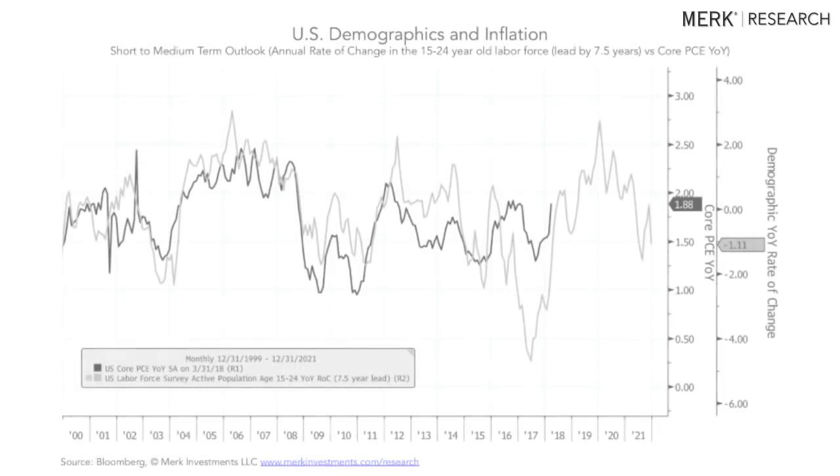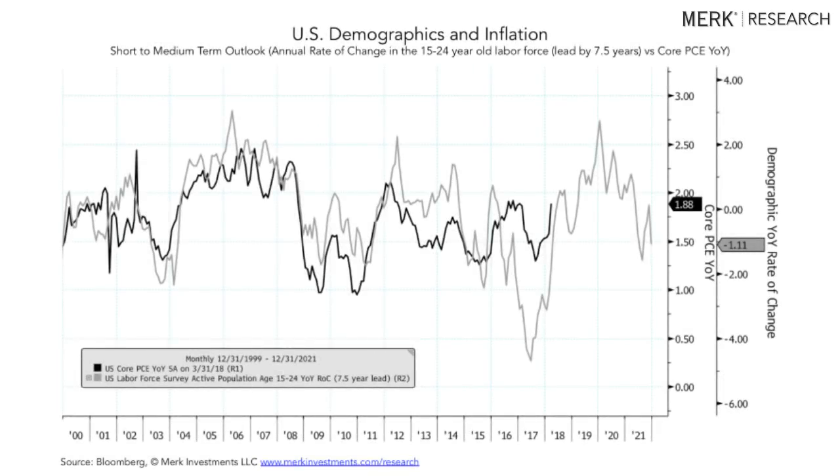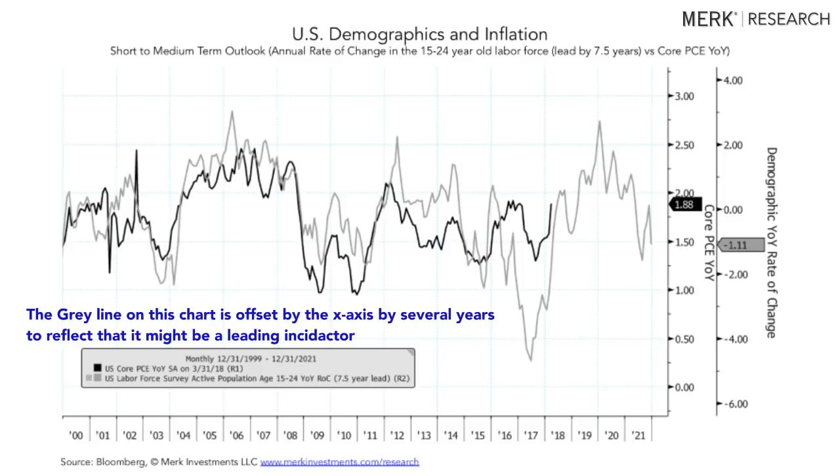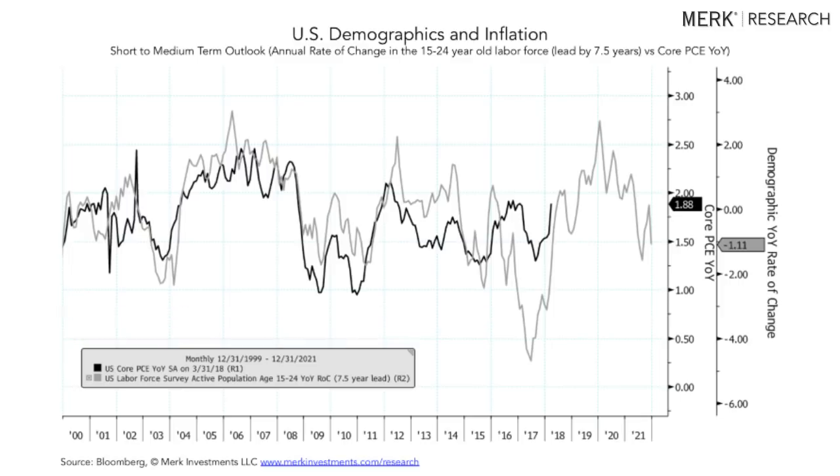All right, then this is a really interesting chart to me. It shows a demographic variable in gray and the core PCE year over year in black, and that gray line is the year over year rate of change in the 15 to 24-year-old labor force led by 7.5 years. And you can see there is just visually somewhat of a fit there.